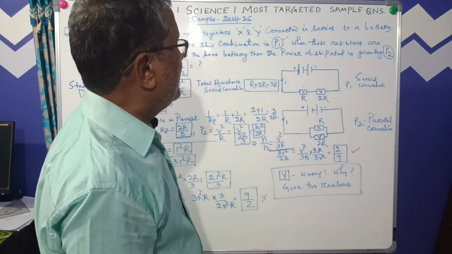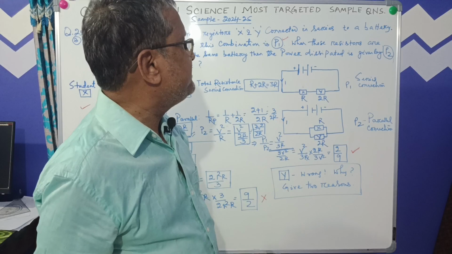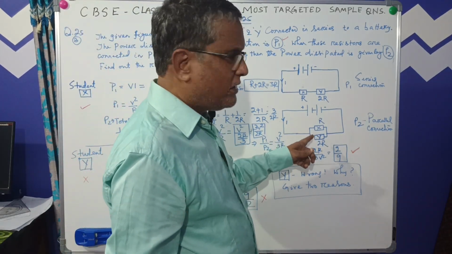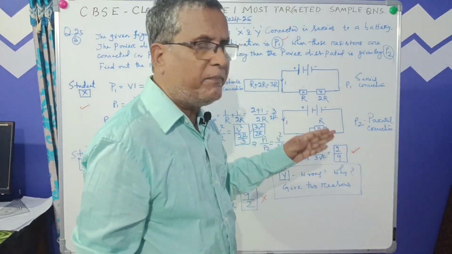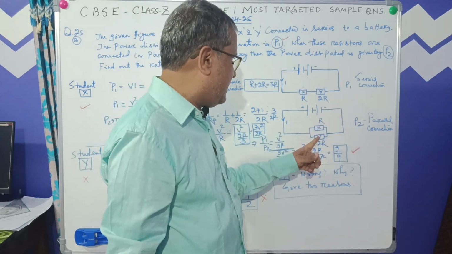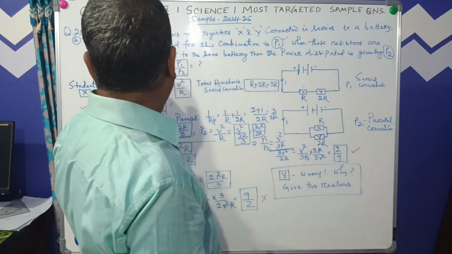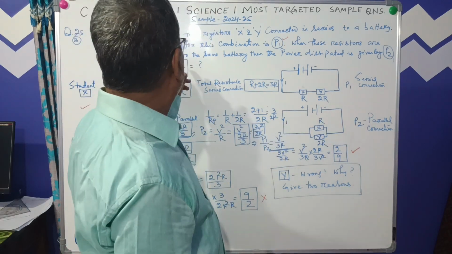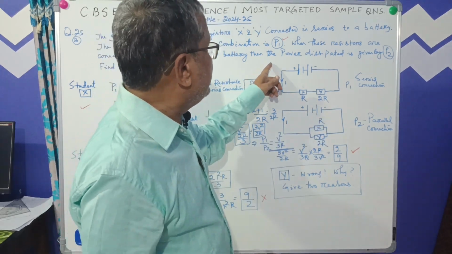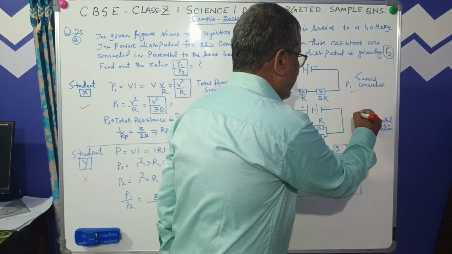And when these resistors, X and Y, are connected in parallel to the same battery, as shown in the second figure, the power dissipated is P2. This is not given in your answer sheet, but for your better understanding, we have displayed both the series and the parallel connection.